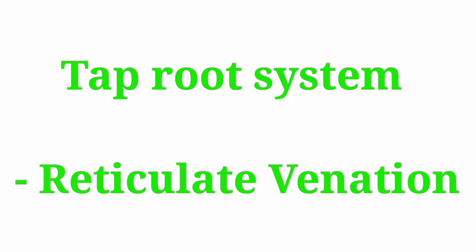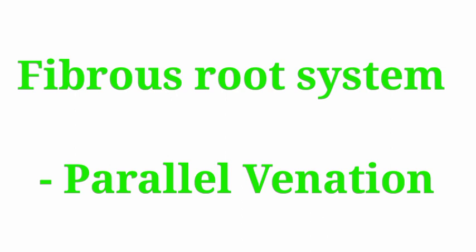Exactly, there is a relation between venation and root system. You will see that plants with taproot system have leaves with web-like or reticulate venation. Taproot system, reticulate venation. And plants with fibrous roots have parallel venation.